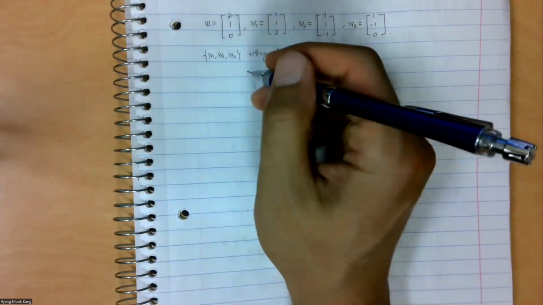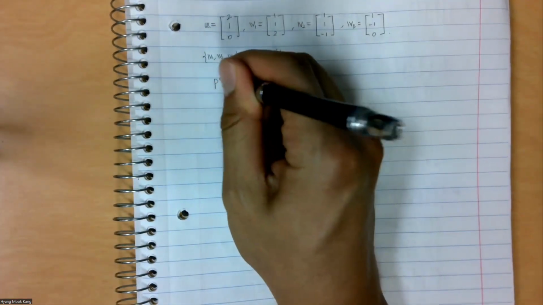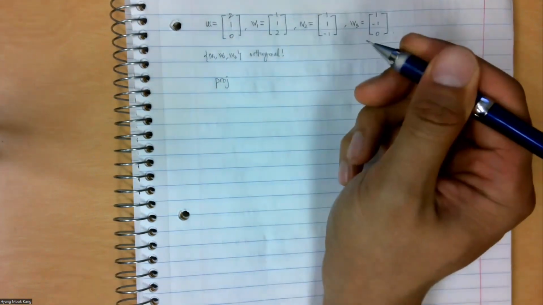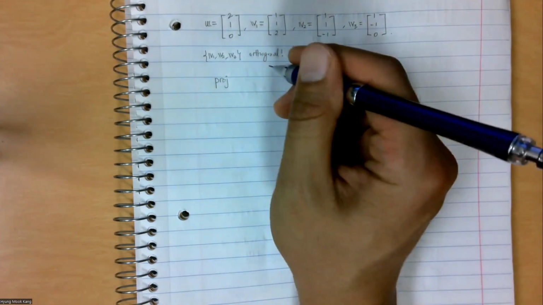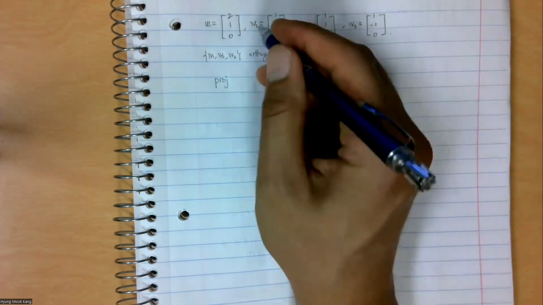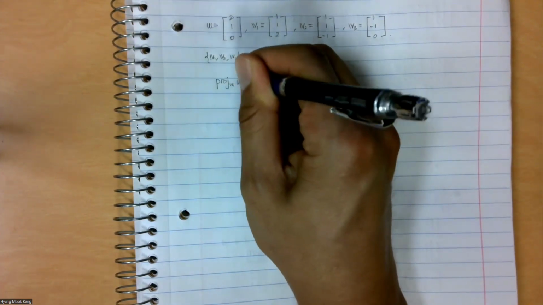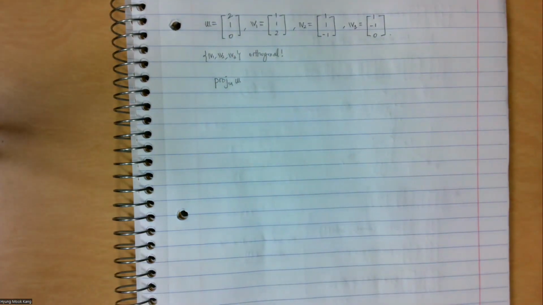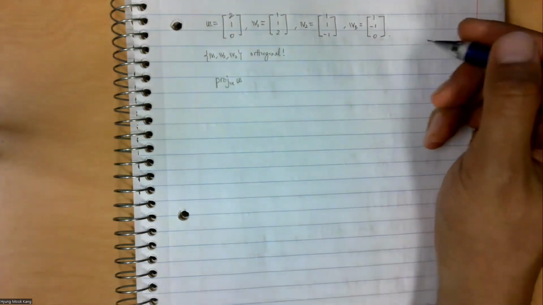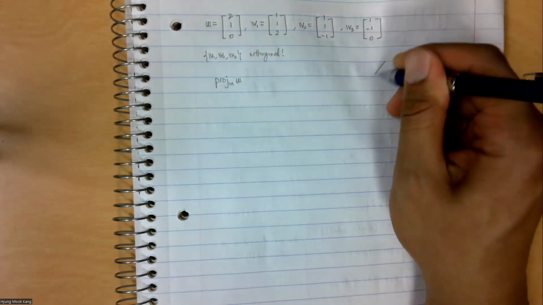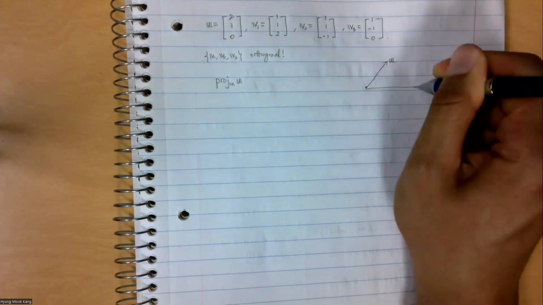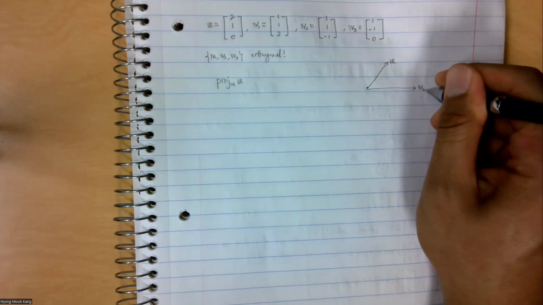So what we want to do is to calculate what we call the projection of U onto V, in this case V1. So project sub V1 and we put U here. So what does this mean? Here's our U, and let's say this is the V1 vector.